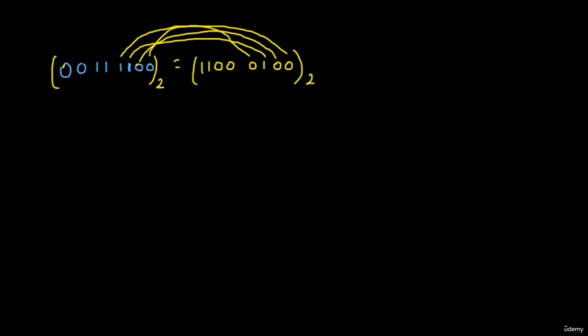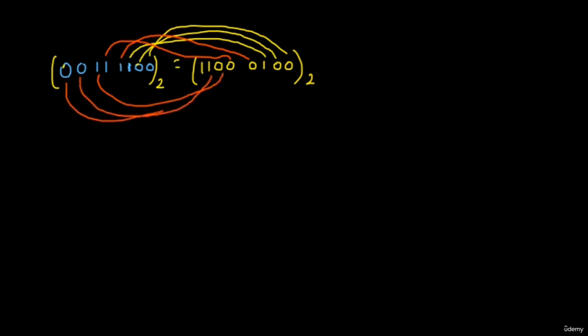Let me change the color so that you can see things clearly. Now this 1 gets converted into 0, and this one gets converted into 0. This 0 gets converted into 1, and this 0 is also going to get converted into 1. That's easy, right?